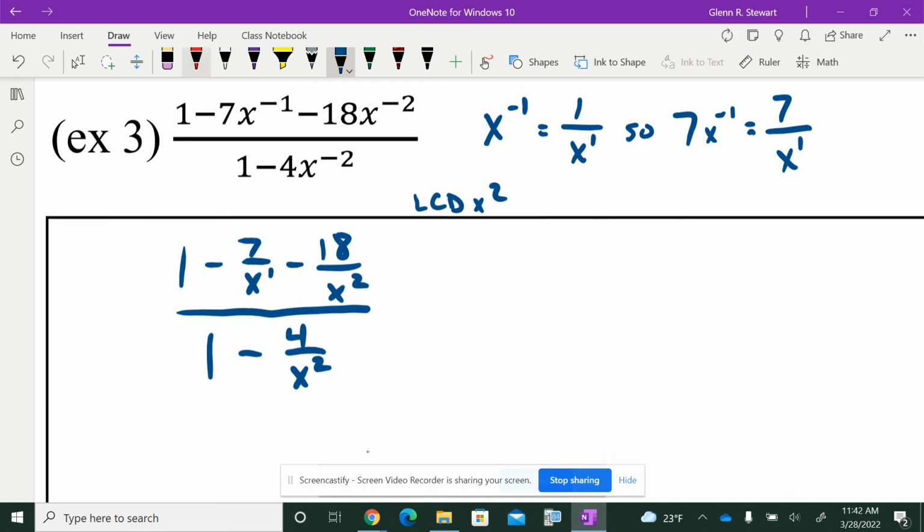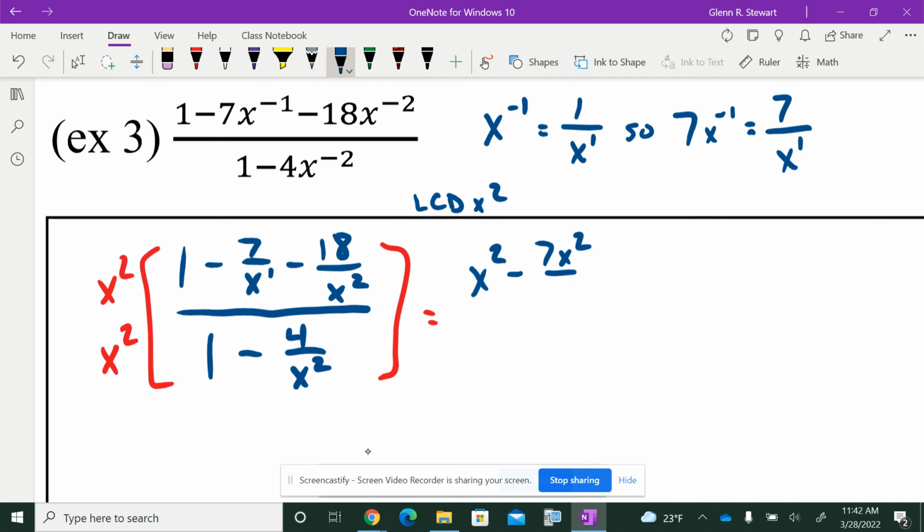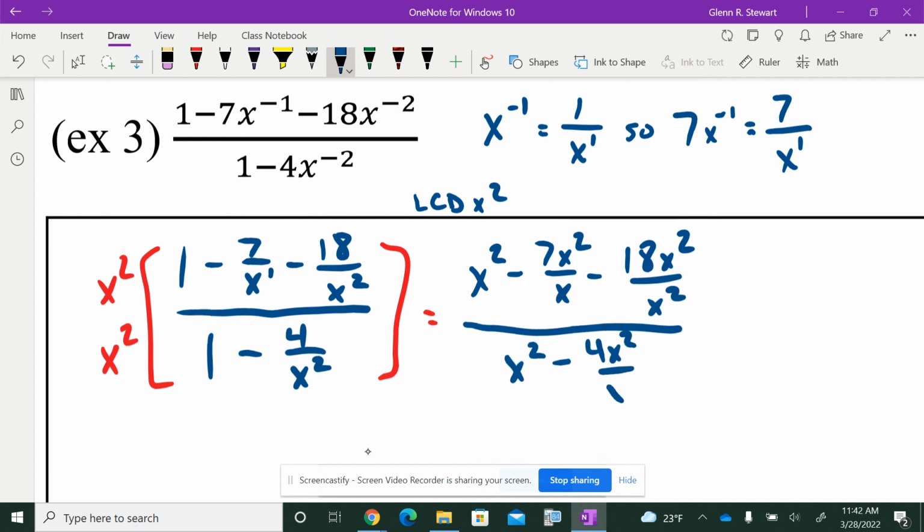So I'm going to multiply by x squared on top and bottom. And I'll end up with x squared minus 7x squared over x minus 18x squared over x squared, over x squared minus 4x squared over x squared.